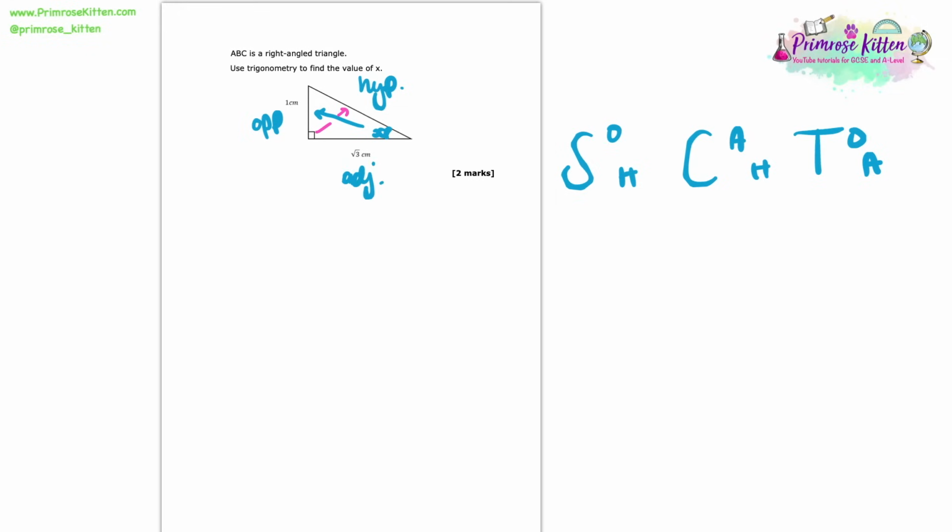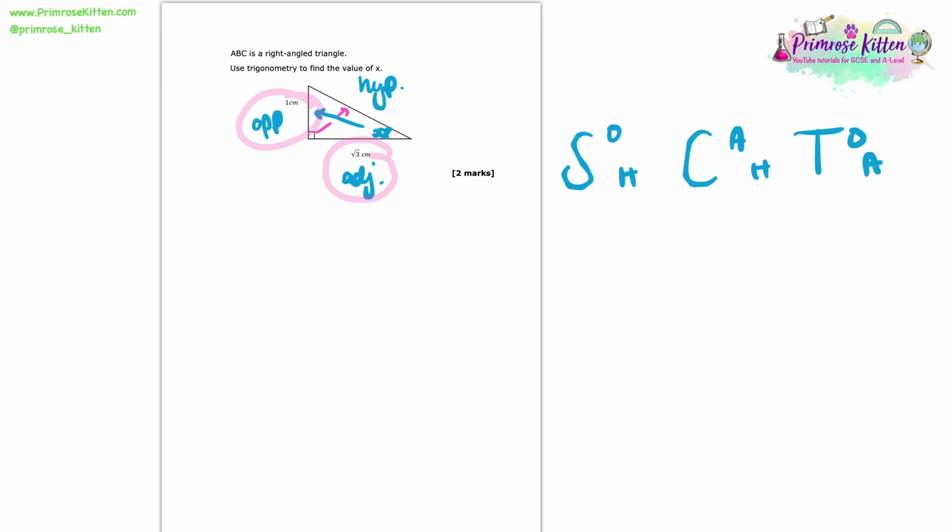So now we need to look at that angle x and ask ourselves, which sides do we know already, or are we being asked about? And here I can see that I know the adjacent side and I know the opposite side.